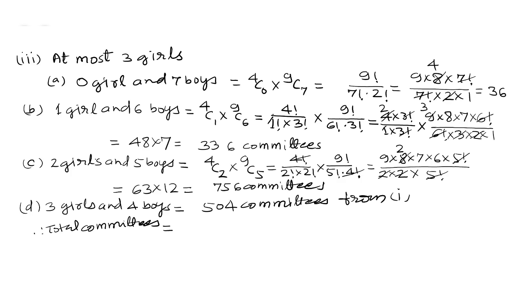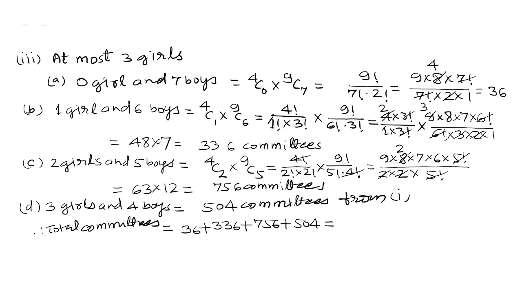Total committees with at most 3 girls is equal to 36 plus 336 plus 756 plus 504. So this gives us 6 plus 6 equal to 12, plus 6 is 18, plus 4 equal to 22.